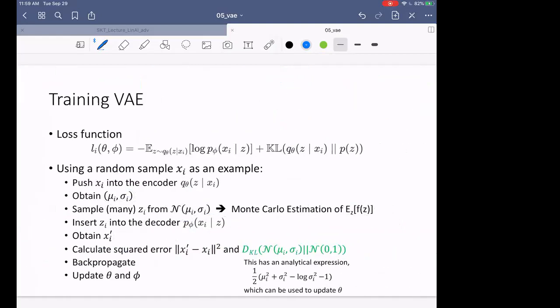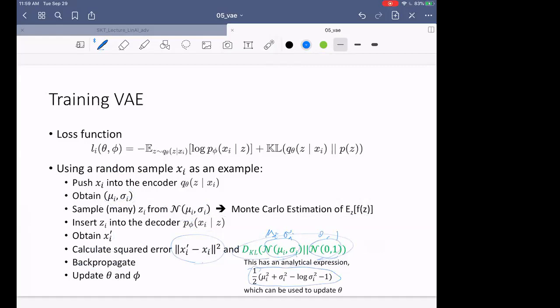The one thing is that you have two terms: the MSE term and the KL divergence term. The KL term can be analytically expressed because this is a Gaussian distribution, described by mu i and sigma i, and this Gaussian distribution is described by 0 and 1, right? So you can simply calculate the KL divergence between the two Gaussian distributions, which boils down to this term.